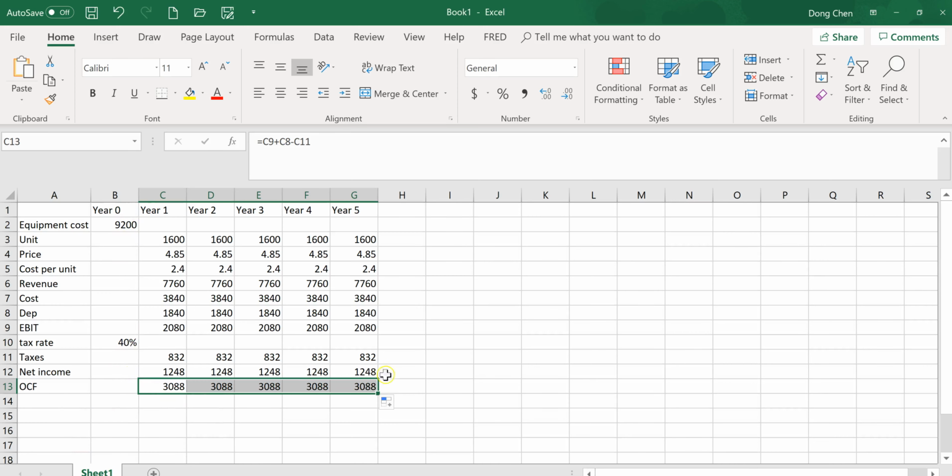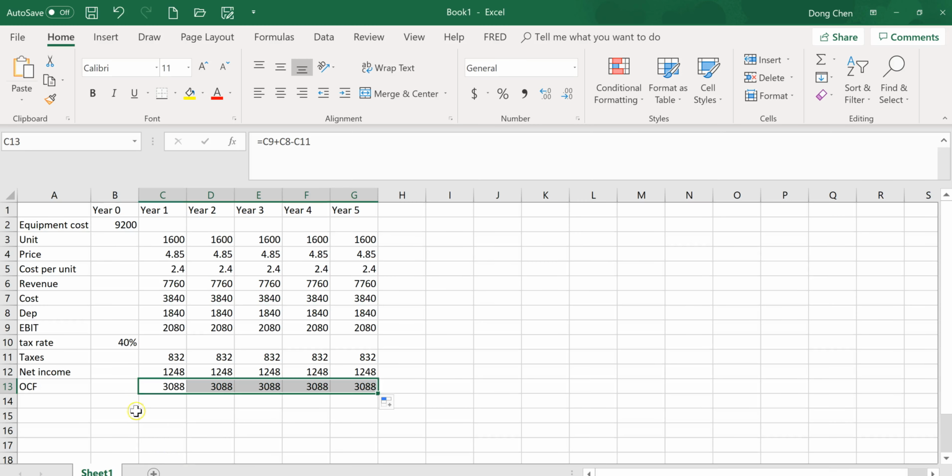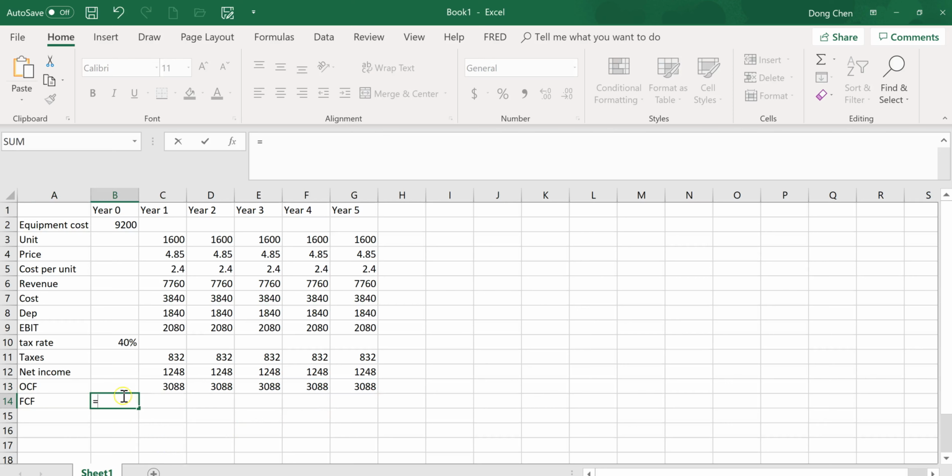So operating cash flow is just the final cash flow. So the NPV will be based on this free cash flow, which is simply the operating cash flow, the current year minus the equipment cost.